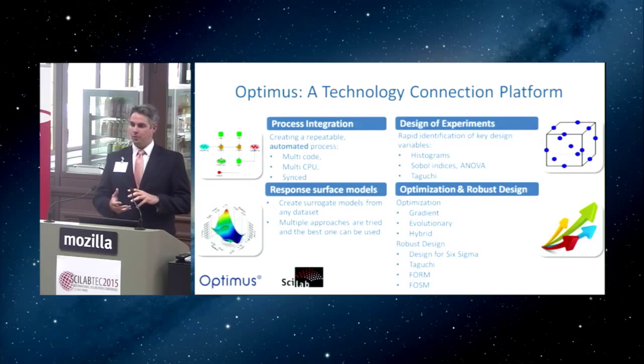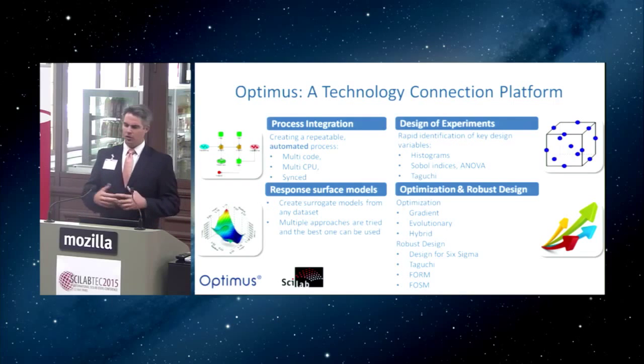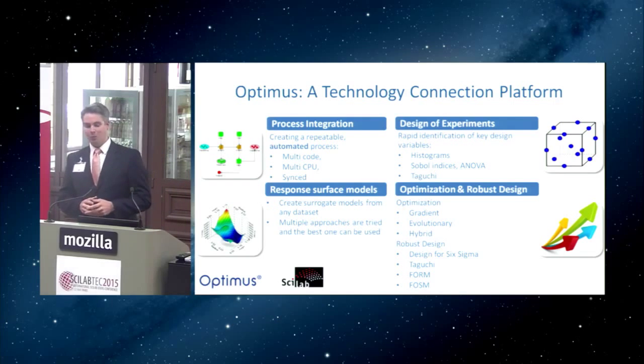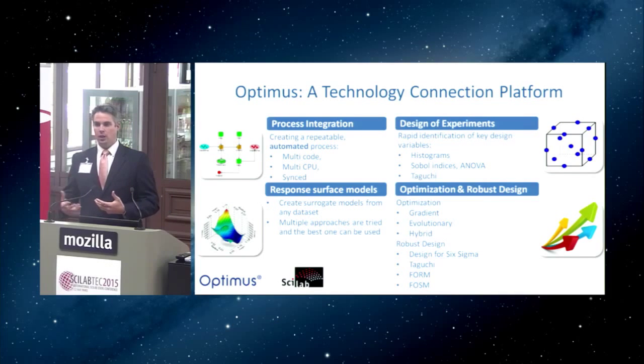After all that software is combined, we have a lot of DOE statistical methods and optimization methods that very quickly allow for parametric optimization to be applied to those pieces of software that have been connected together. Finally, there's a robust design aspect to it as well. The response surface models allow the users to then create meta models or surrogate models.